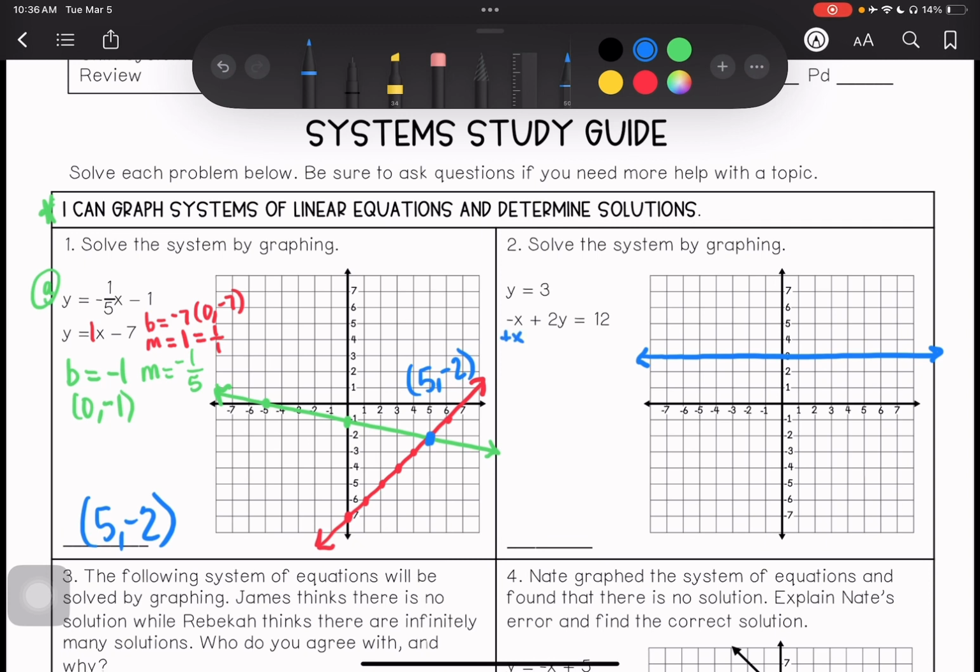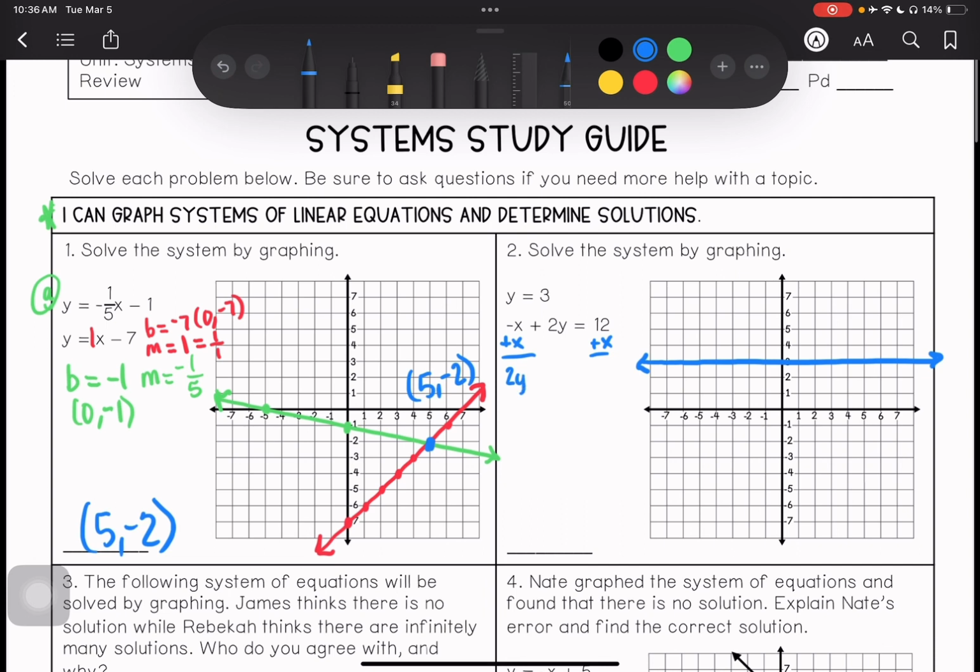So I'm going to add x to both sides. That leaves me with 2y equals 1x plus 12. Divide everything by 2. y equals 1/2 x plus 6. So my b in this case is 6, and my slope is 1/2.